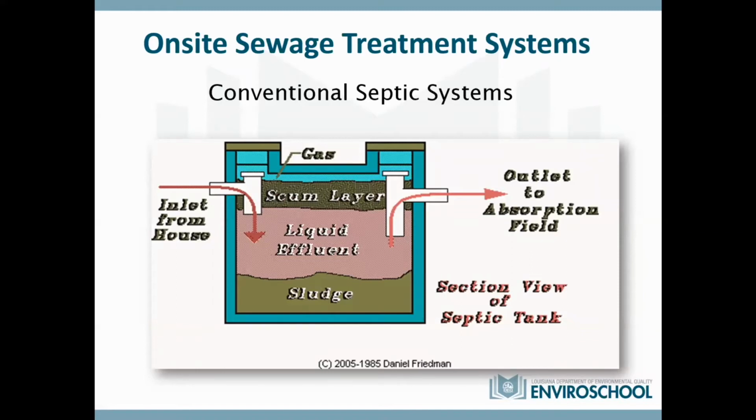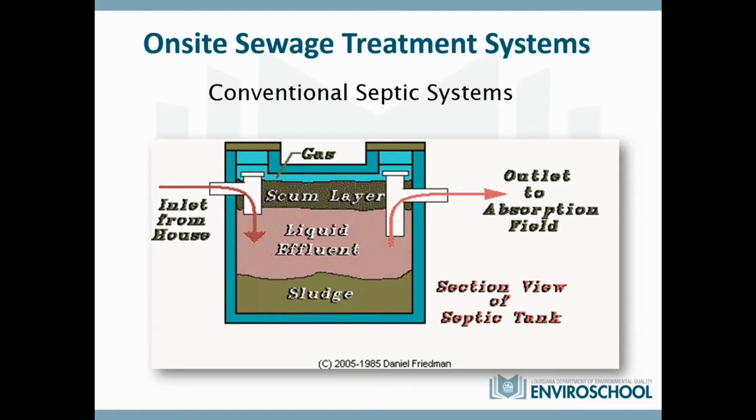So with conventional septic systems, generally what you'll have is a big tank. Sometimes it can have multiple chambers. If you look to the left, it says inlet from the house. Basically, that's the sewage coming in, and it flows into the tank where it slows down and settles. All the solids settle by gravity to the bottom, and they form a layer of sludge, and that's where some anaerobic bacteriological action starts happening to break down the waste even further.